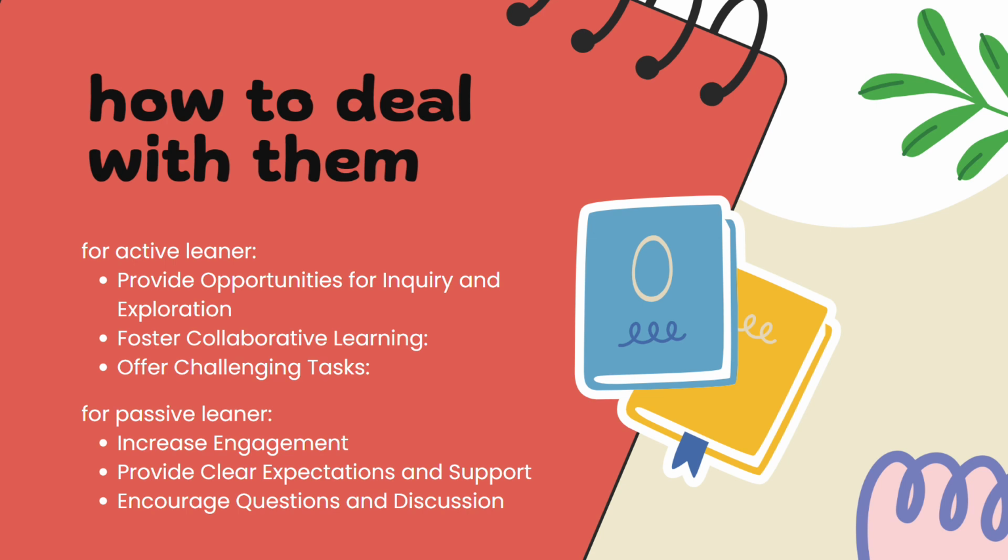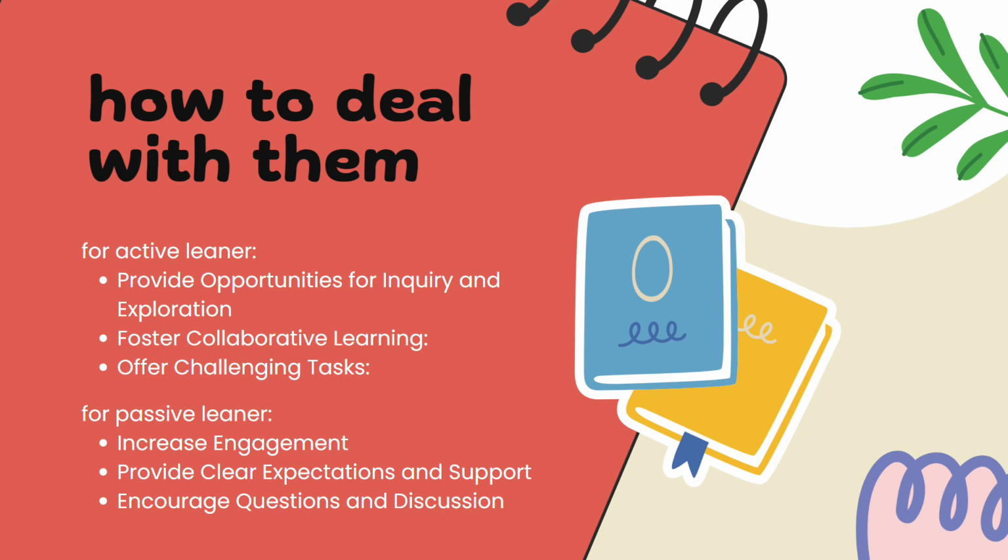Encourage active learners to pursue their curiosity by providing opportunities for independent research, projects, or presentations. Offer resources and guidance to support their deeper exploration of topics of interest. For the second, foster collaborative learning. Facilitate group work and discussion where active learners can share their ideas, perspectives, and knowledge with their peers.